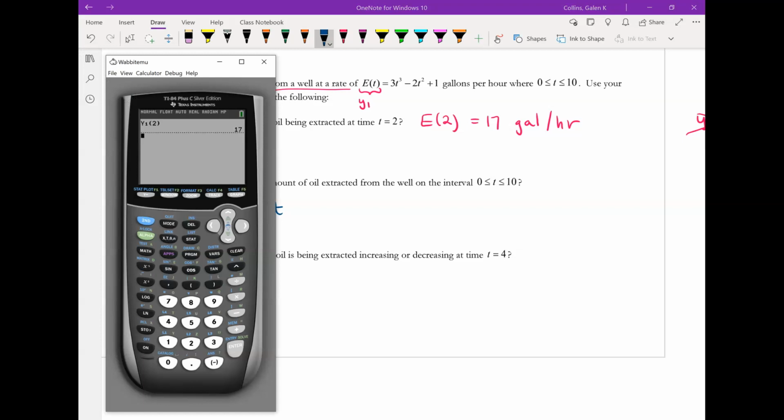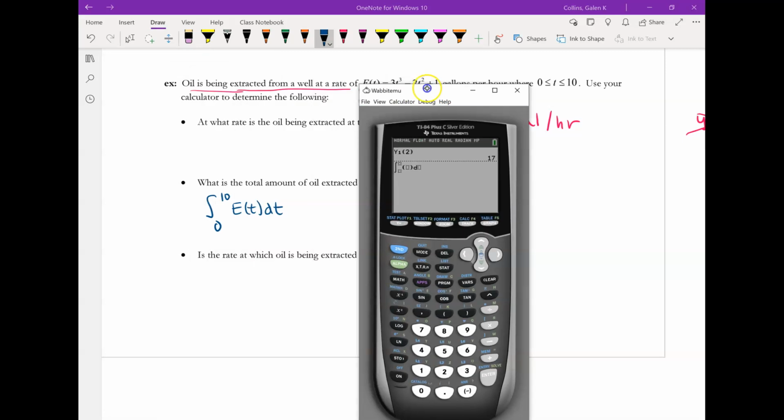So if I go to my calculator, if you go to math, and you see option 9, fnInt, that stands for function integral. So you could either touch the 9 or you could just scroll down there and hit enter. And if you have the new operating system, it's going to show you this.